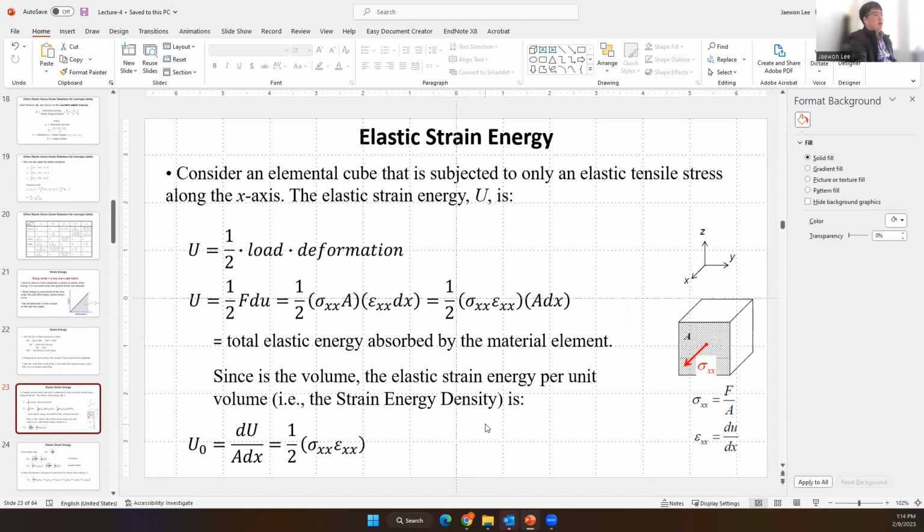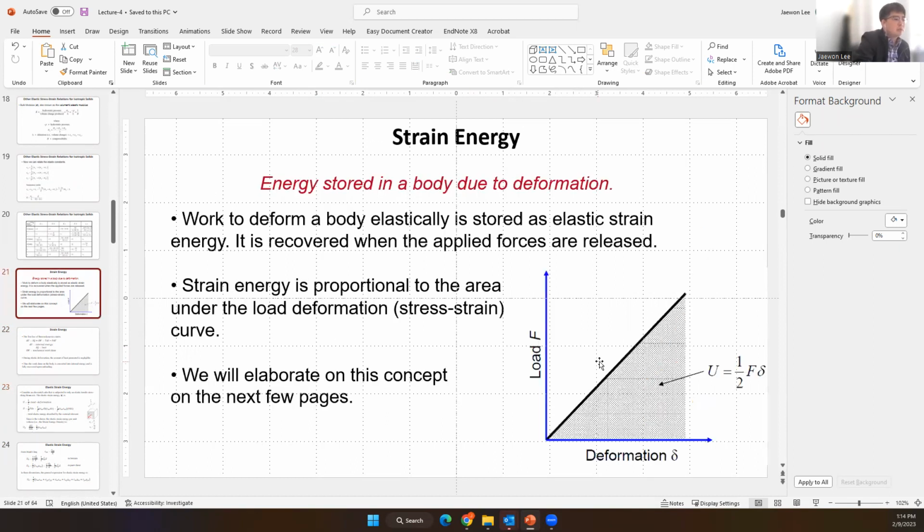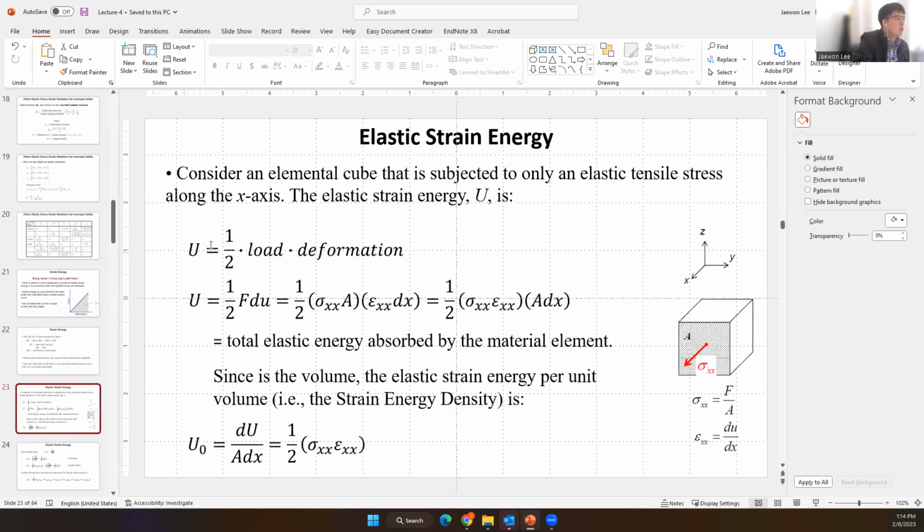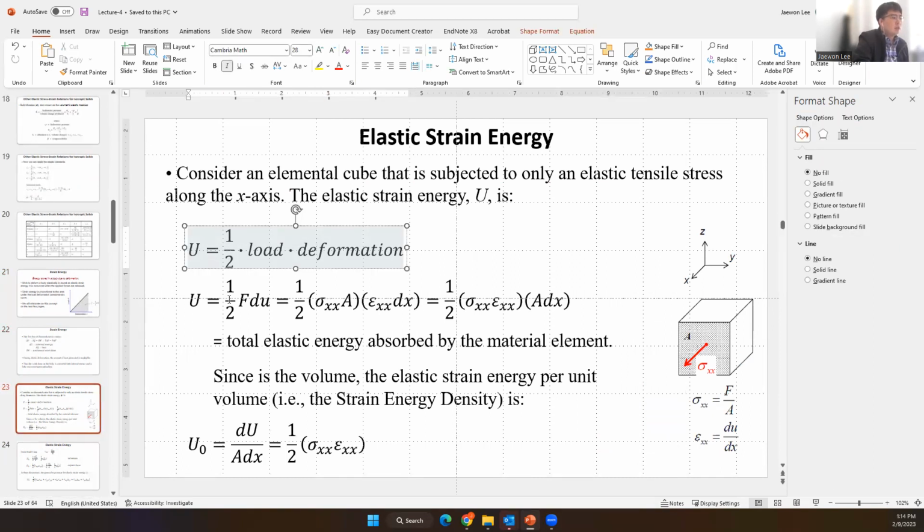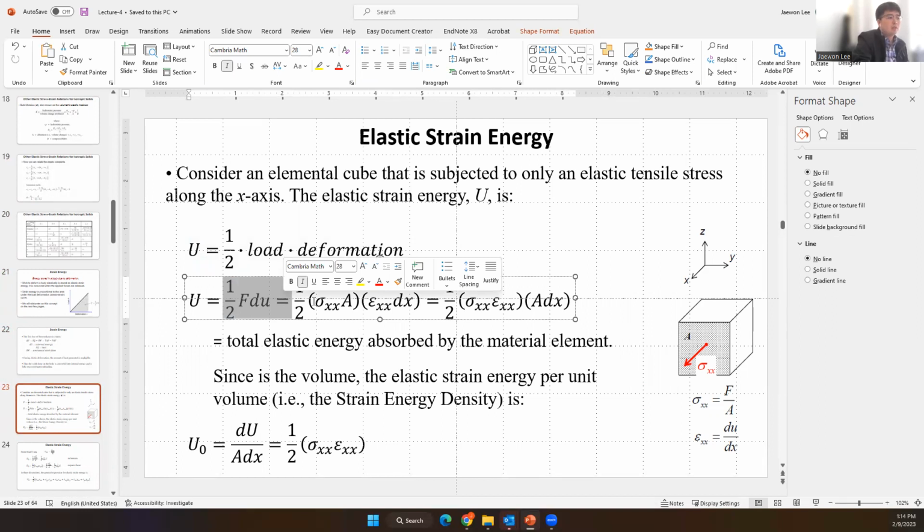So we can calculate the energies from these relations, from force and deformation.